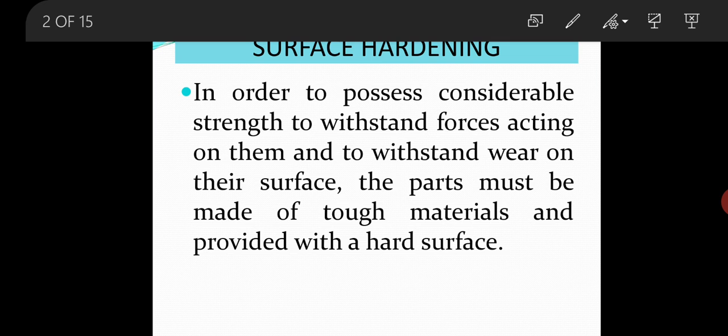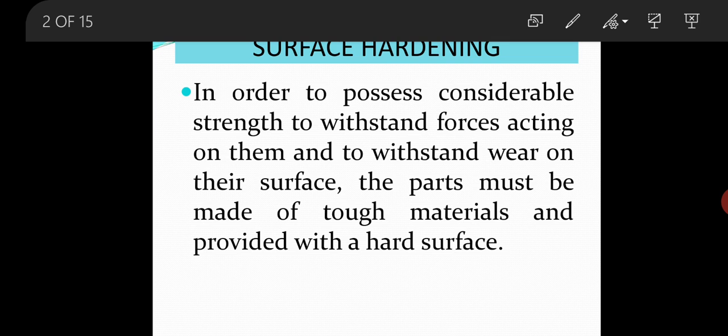In order to possess considerable strength to withstand forces acting on them and to withstand wear on their surface, the parts must be made of tough materials and provided with a hard surface. If the total thickness is hard, then it will become brittle.